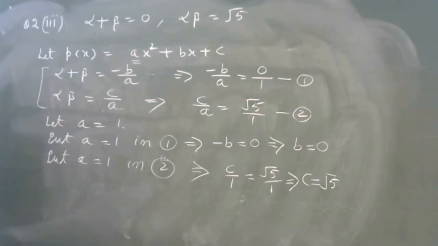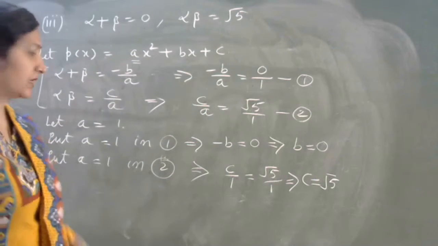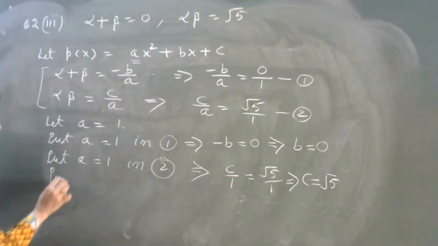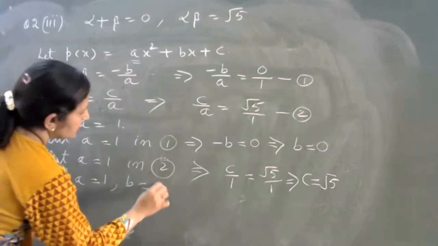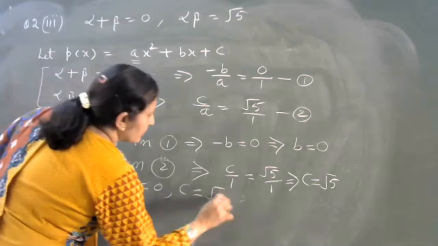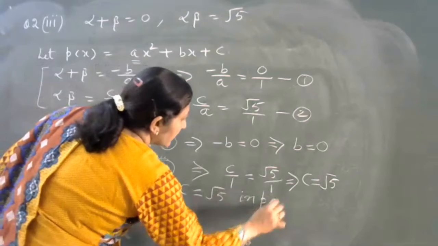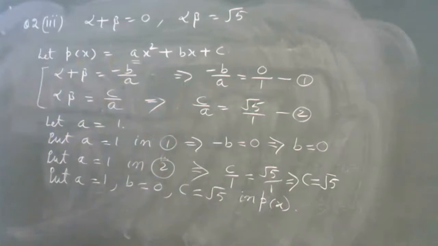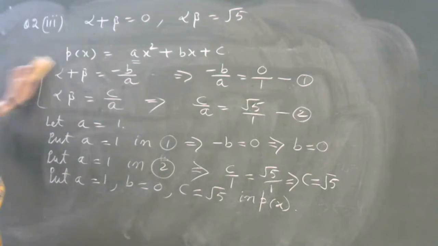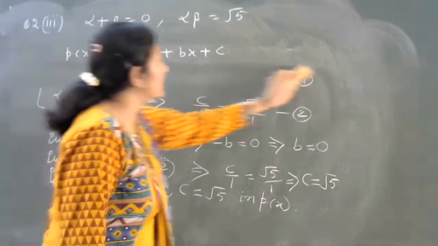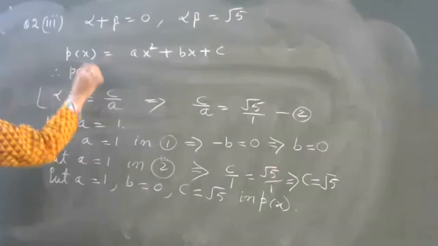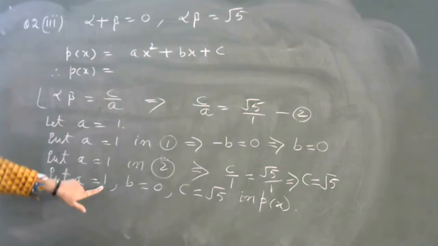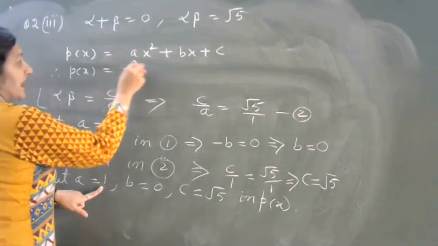So put all these values of a, b, c in the polynomial px. Put a is equal to 1, b is equal to 0, c is equal to under root 5. What have we taken px as? ax square plus bx plus c. So therefore px is equal to, value of a is 1, so it will be x square.